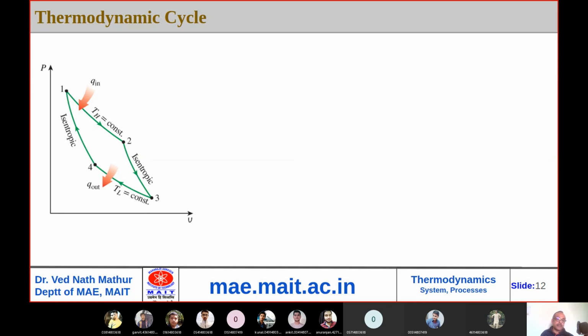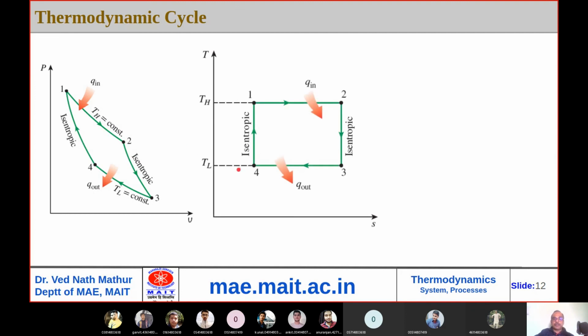We'll calculate analytically also in one of our future classes. I just want to give you an idea that work transfer is given by the area of the cycle on a PV diagram. And if you can draw a TS diagram, this is the same cycle.